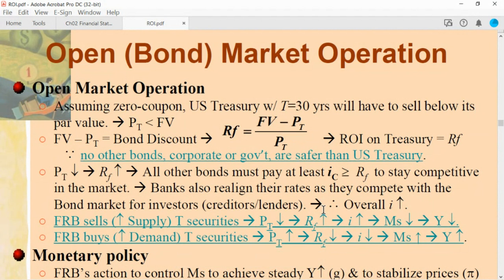If I had $10,000 and I could go to the bond market or the bank, and the bond market is paying a higher interest rate, then I will go to the bond market and put my money in the bond rather than putting my money in the bank. So, not to lose their business, the bank will also have to follow suit, right? So throughout the economy, what happens? The overall interest rate will go up throughout the economy, right?